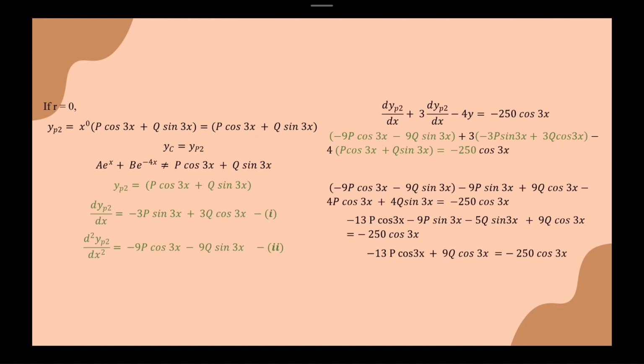So now we're going to repeat the same thing. We're going to substitute the value of r from 0 until we make sure that yc is not the same as yp2. So let's begin. Once we substitute r equals 0 into the equation of yp2, you will get p cos 3x plus q sin 3x.